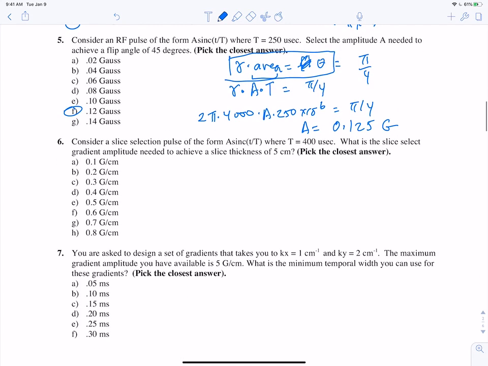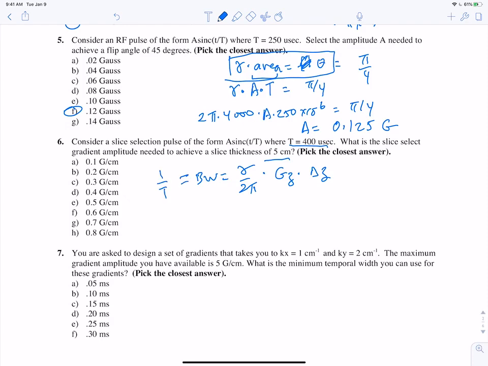Okay, consider a slice-select pulse of the form A sinc t over t, where t equals 400 microseconds. What slice-select gradient is needed to achieve a slice thickness of 5 centimeters? Okay, so now what we want is to use bandwidth equals gamma over 2 pi times gz times delta z, where bandwidth is just equal to 1 over t.